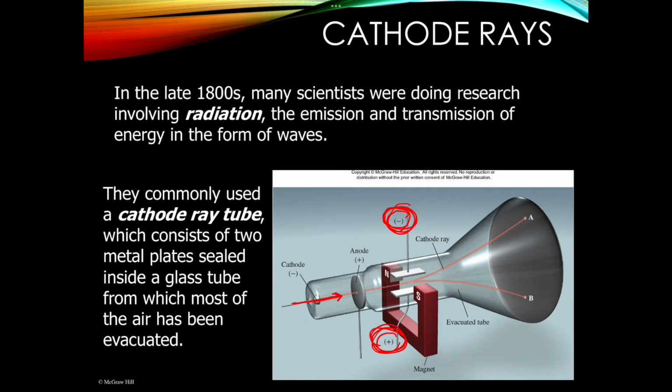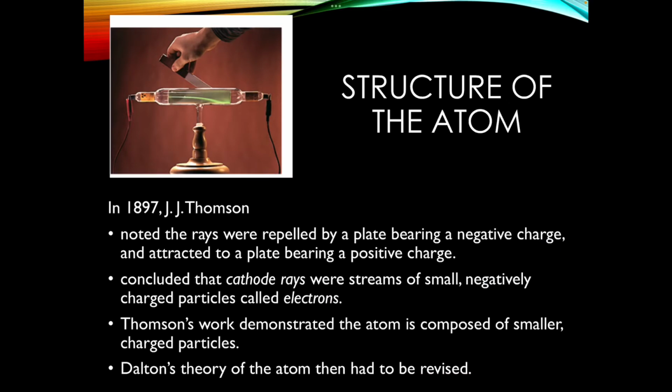If it's attracted to the negative side, like this one, A, up here, then it's going to be positively charged. But if it's attracted to the positive side, it's going to be negatively charged, because again, opposites attract. So positively charged beams will go up and negatively charged beams will go down. So why is this all important?